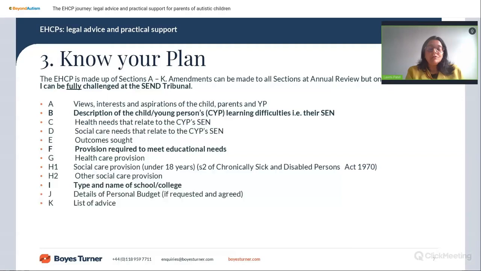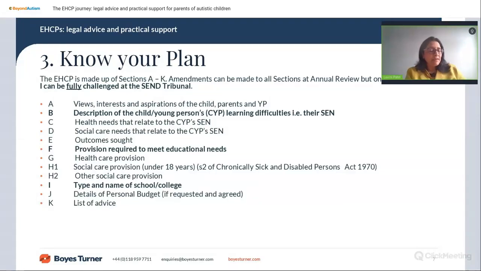Section F is one of the sections which is often challenged at tribunal appeals, and that sets out any special educational provision. So any support that's set out and is required to meet the educational needs that have been set out under section B. So for every need that's described in section B, there has to be corresponding provision in section F to meet those needs.